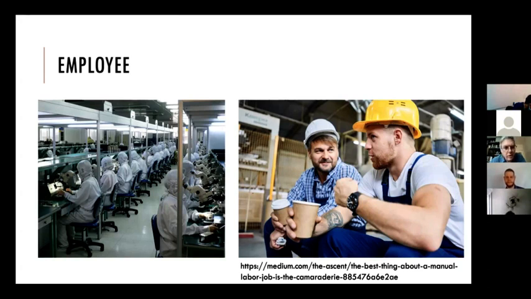Okay. So Oceana, what did you mean when you said it depends on who you're asking? What I meant was that if you're asking from a company's perspective, for example, on the photo on the left, what the company generally cares about is them getting their task done.